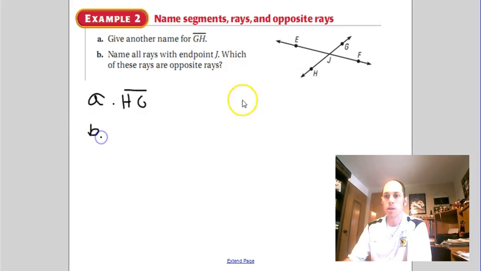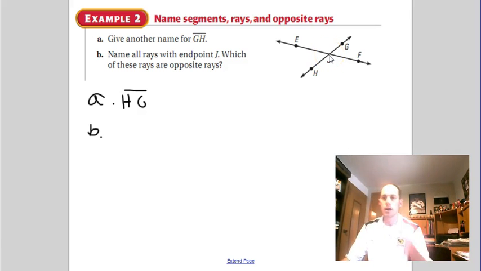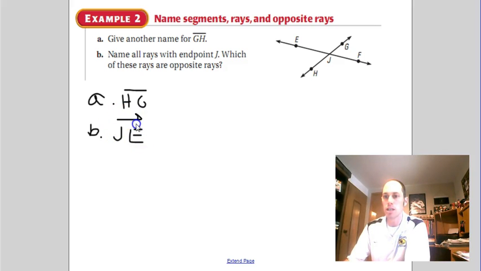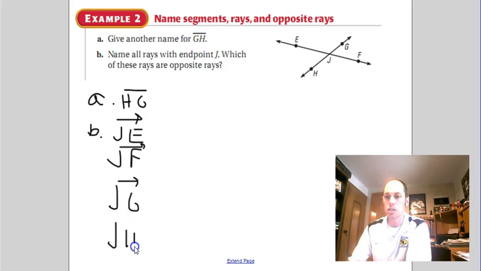Part B says name all the rays with the endpoint J. So if I'm starting at J, I could go through another point and extend in one direction forever. So I could go through E, through F, through G, or through H. I could label all those starting at J: JE, JF, JG, and JH.